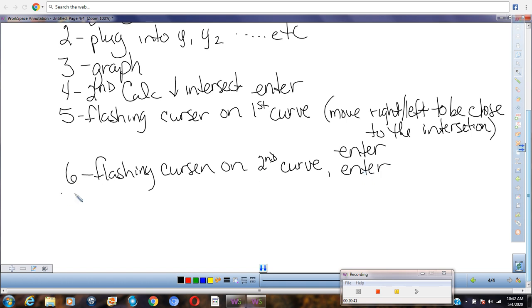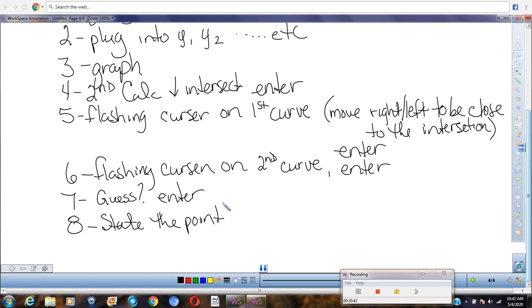Now, remember when your calculator is thinking, it comes up with guess with a question mark. That just means your calculator is thinking, it's giving you what you want, so you're going to hit enter. Step 8, you're going to state the point that's shown. So usually they tell you what X and Y are.